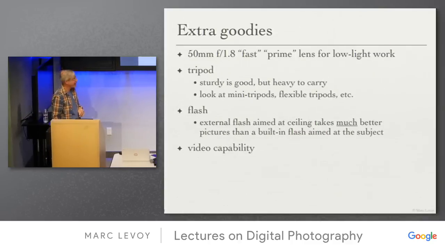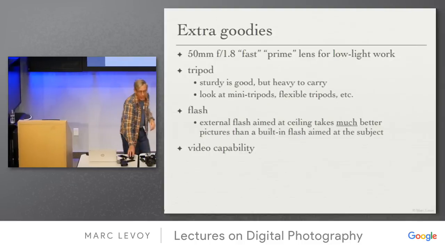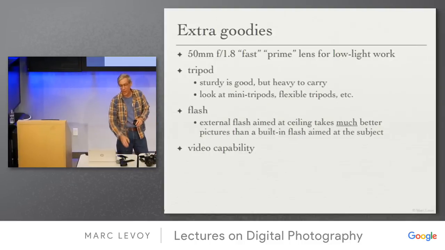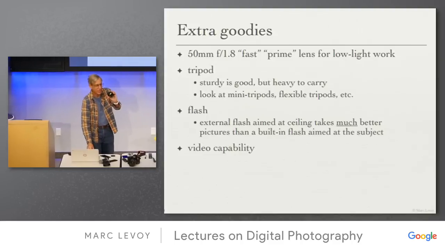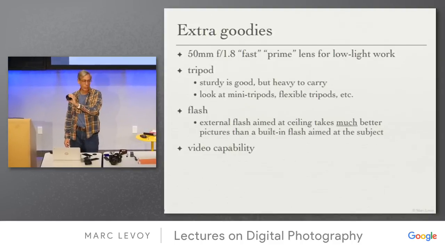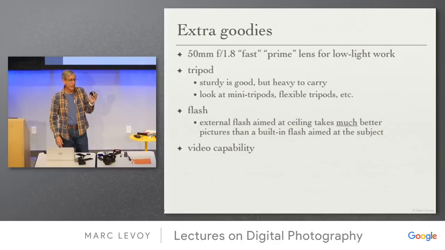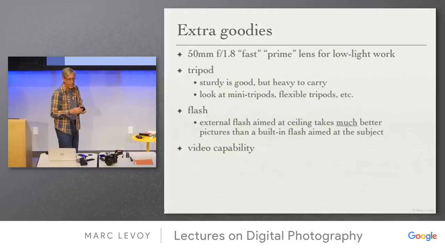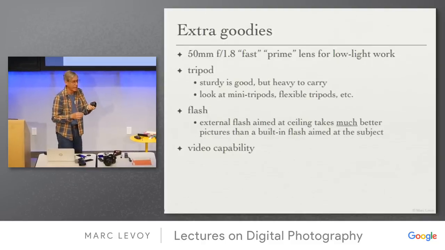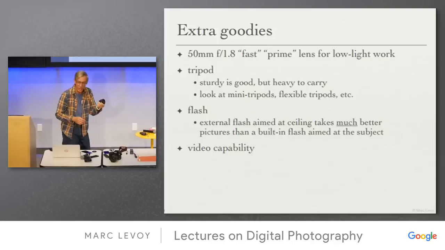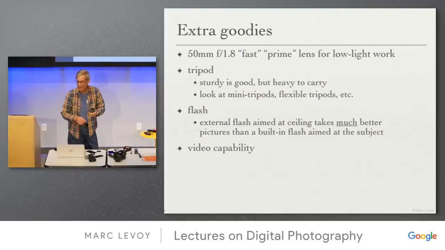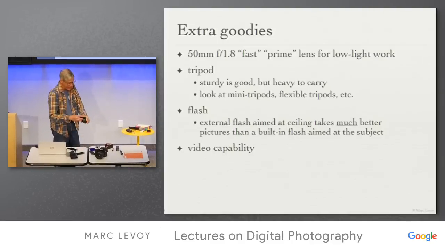So it's worth having a fast prime lens. Fast means a low f number, a big piece of glass like this, 50 millimeter 1.8. And a prime means a single focal length, not a variable zoom. So this focuses, but it doesn't change its focal length. It changes its focus distance, but not focal length.